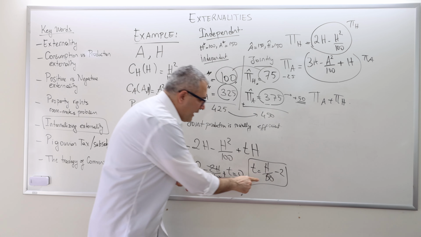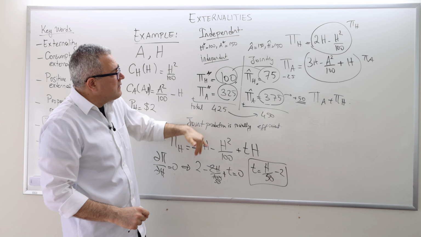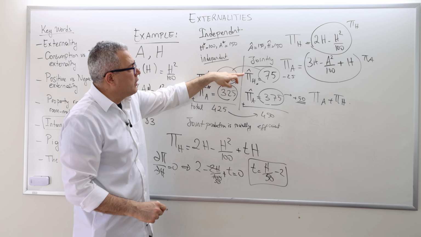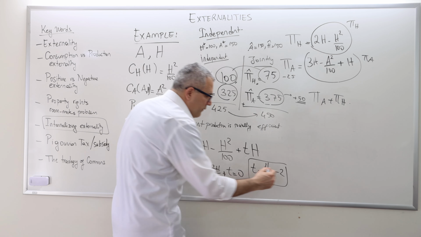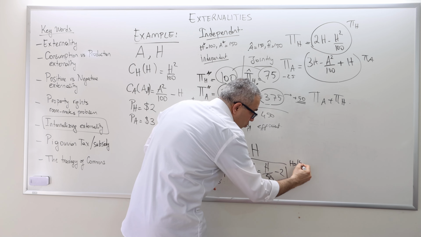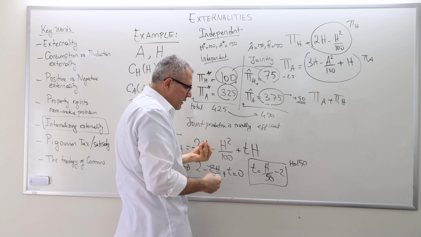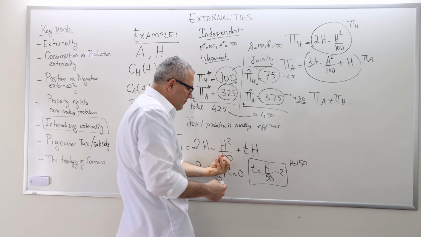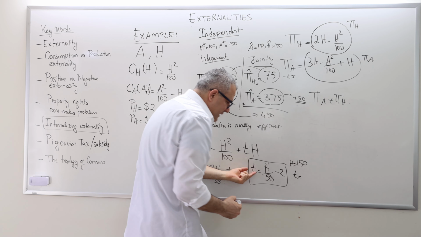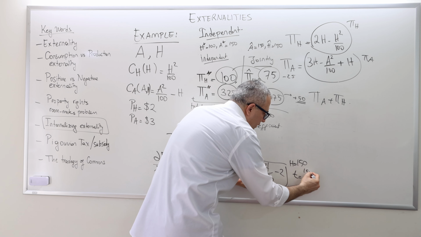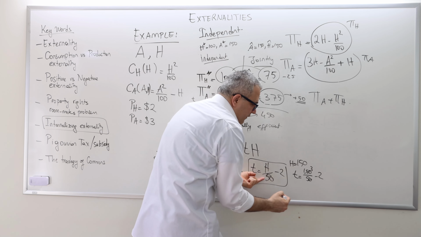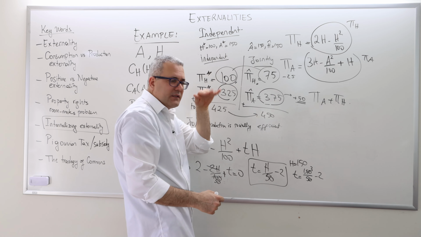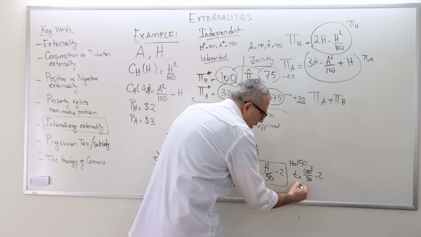But the thing is, what is H? Remember, I want the honey producer to produce 150 units of honey. So H is 150, and that's why I subsidize him. The amount of subsidy I should pay him is 150 divided by 50 minus 2. 150 and 50 cancel out, 3 minus 2 is 1.